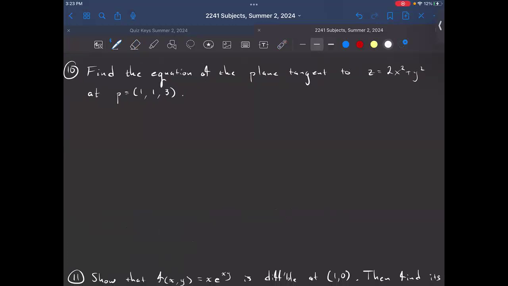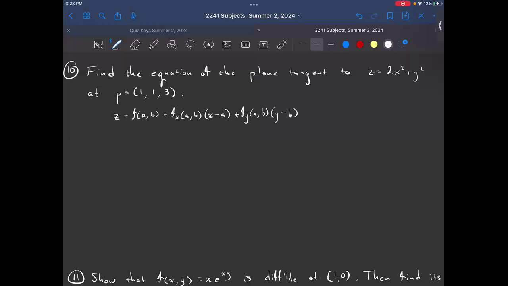So we need, first off, to write down that equation. So z equals f of a, b, plus fx, also of a, b, times x minus a, plus fy at a, b, times y minus b.